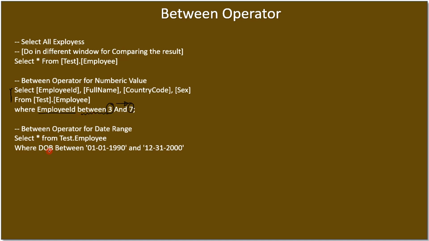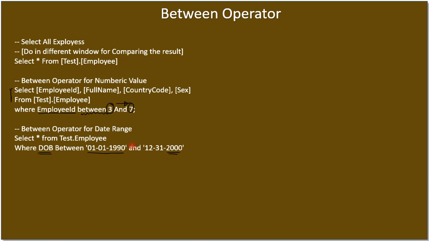Then here we are using the between operator for the DOB column. This is a date-based column, and we specify date of birth between 1990 and 2000, so 1st January 1990 and the last date in the year 2000, the 12th month.